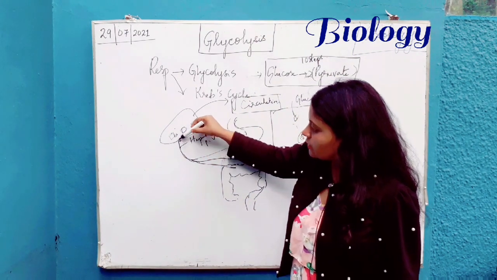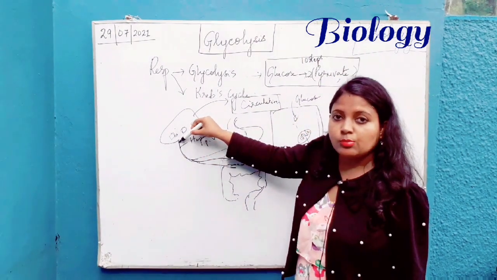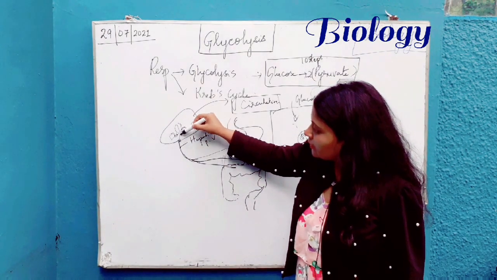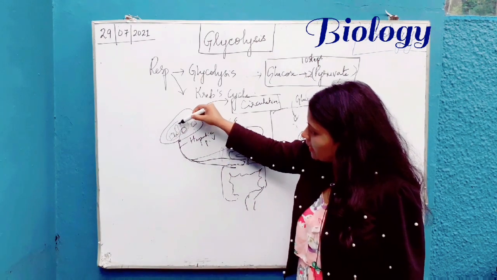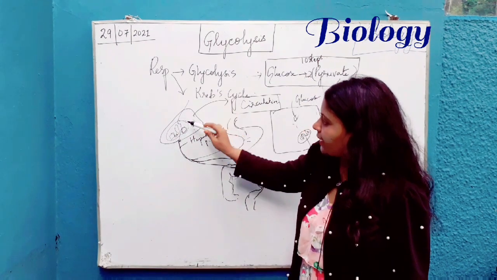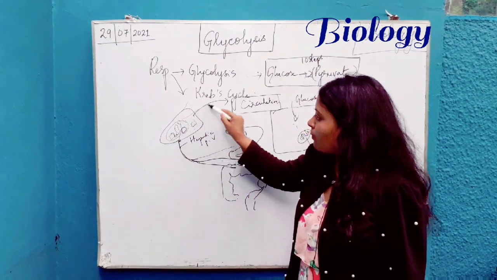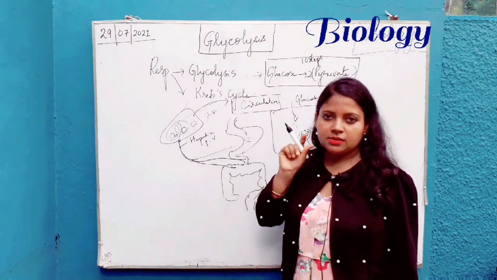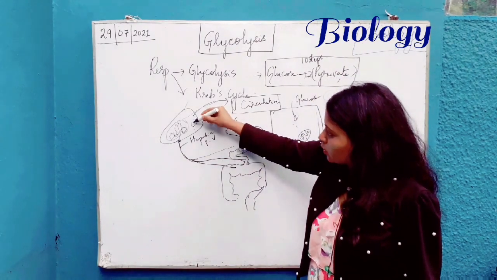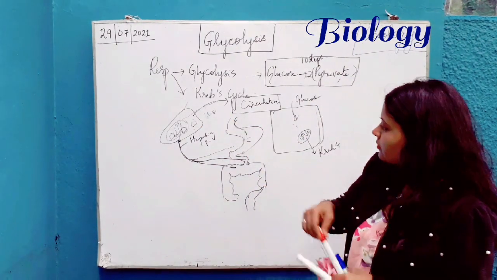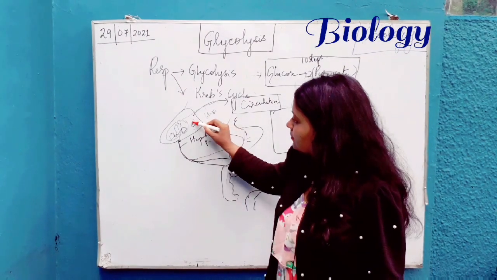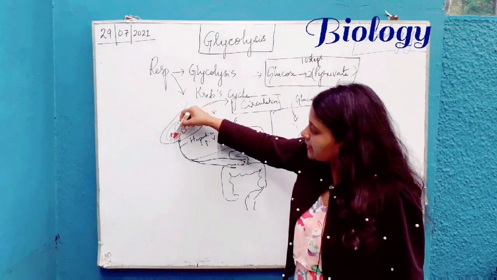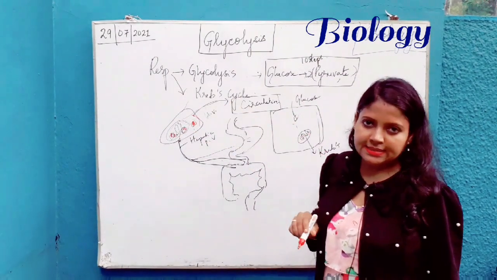Here the veins which have reunited as the hepatic portal vein will break down into capillaries, okay, and again reunite to form the hepatic vein as we have studied in the circulatory system. So these hepatocyte cells are here around. This capillary surrounds all these hepatocyte cells.